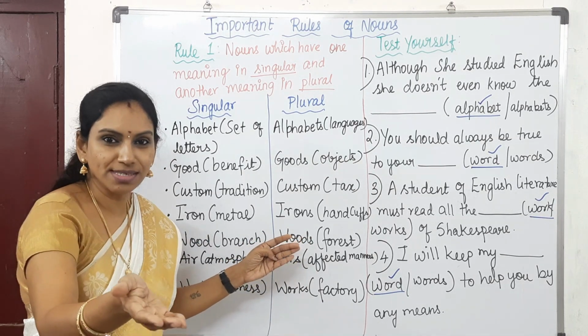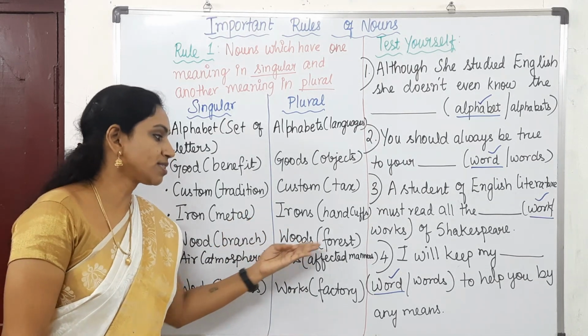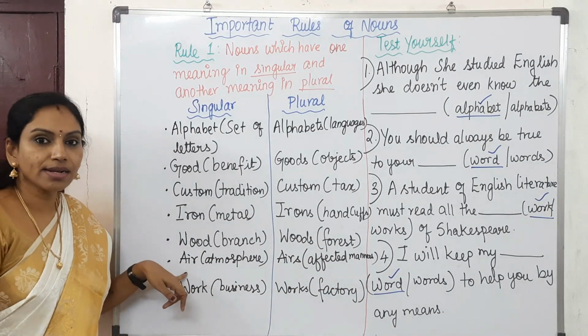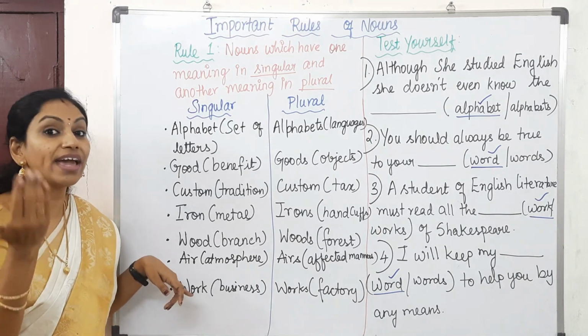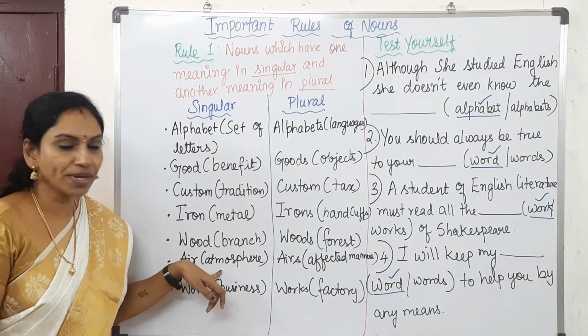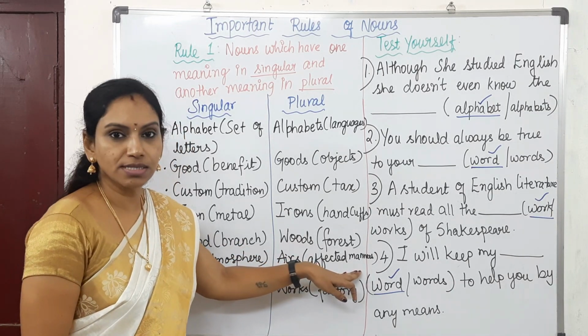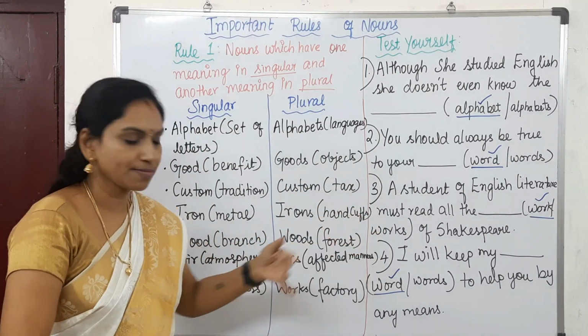Behind the woods. Robert Frost poem is there, no? Woods, it is forest. Next, air. Atmosphere is a mixture of gases. You call it air. Next, airs. Means affected manners. He is always in airs.